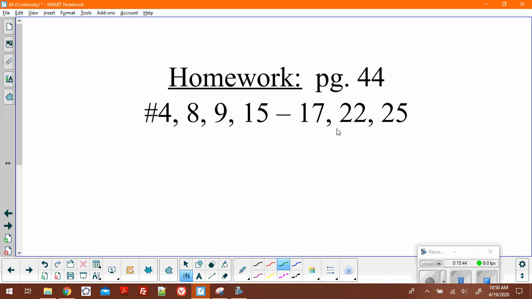Some of the later questions ask you to just make up functions with certain conditions. It might be easier to draw those by hand and just draw a rough sketch of something than to try to come up with equations. So if it gives you equations to graph, feel free to use Desmos. But if it's just asking you to make something up off the top of your head, then it's probably easier to draw a rough sketch in your notes than try to make up equations and put them in Desmos.